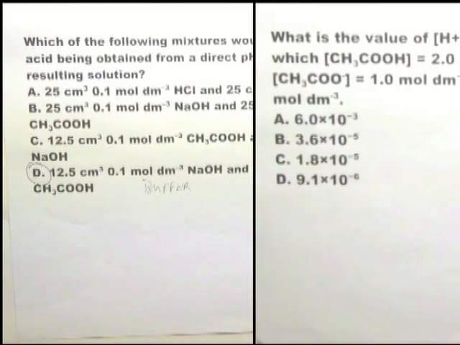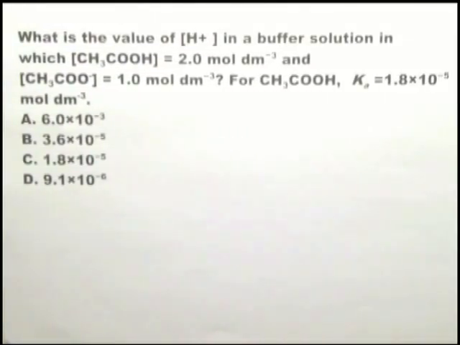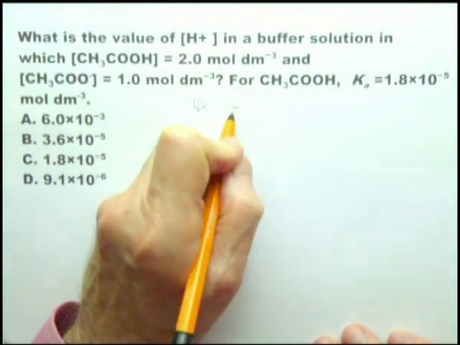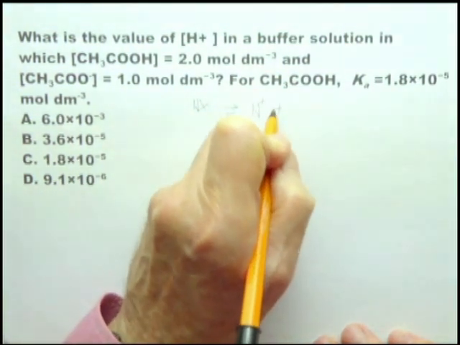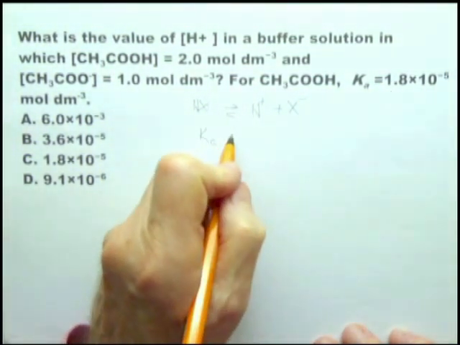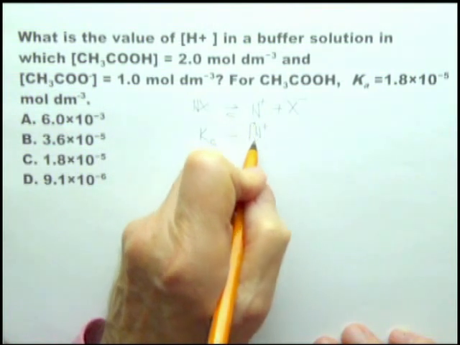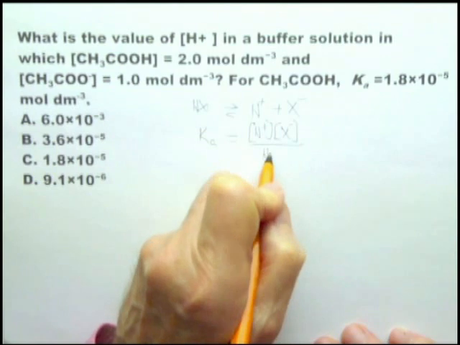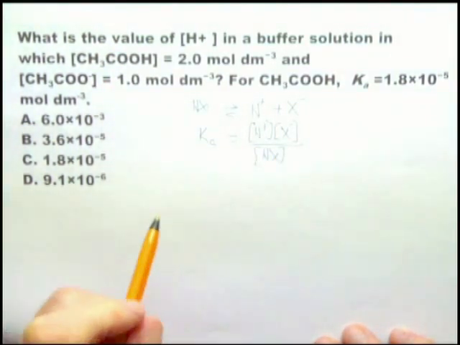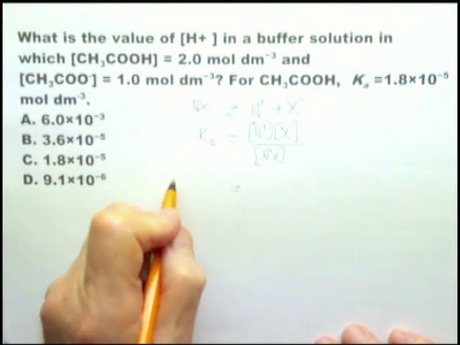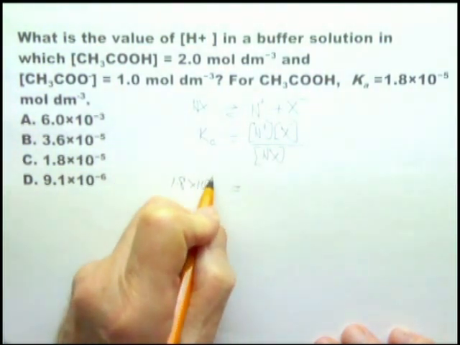This one, D. This one looks confusing when you look through it, but it's very simple. You start off with HX goes to H plus X minus, and then you get the Ka. They tell you there's a Ka, so you write the Ka equation down. H plus X minus over the concentration of HX. Then all you do is you substitute with what you've got. Now they give you the Ka, 1.8 times 10 to the minus 5.